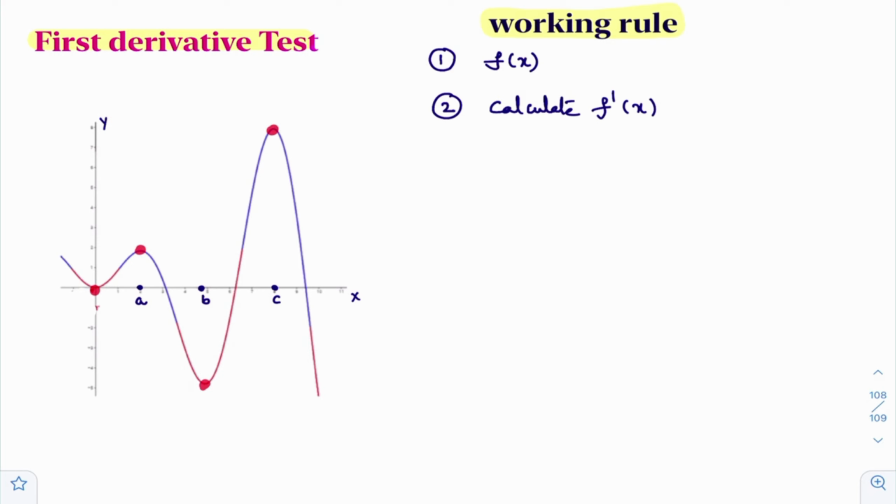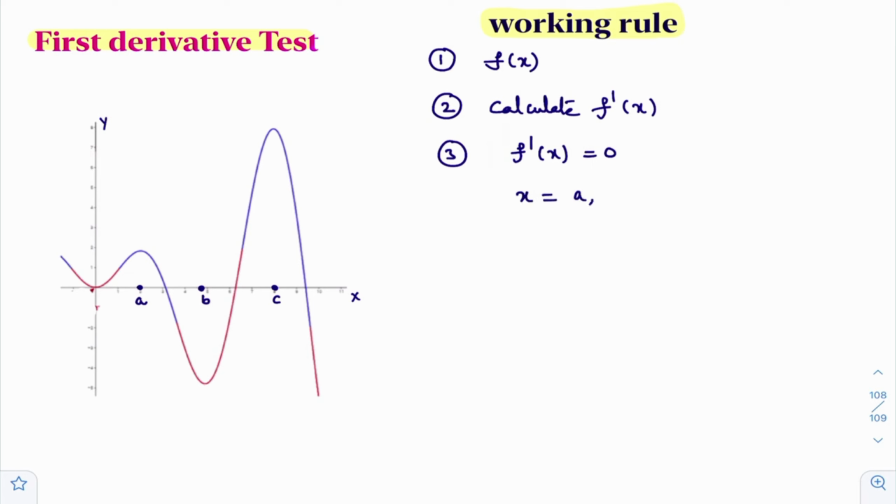You need to find these points. You know that at these points, if we draw the tangents, they are parallel to the x-axis. So to find these points, I'll equate f dash of x to 0 and solve this. If you solve this, then you will get x values.